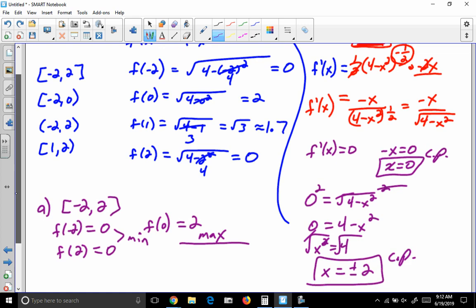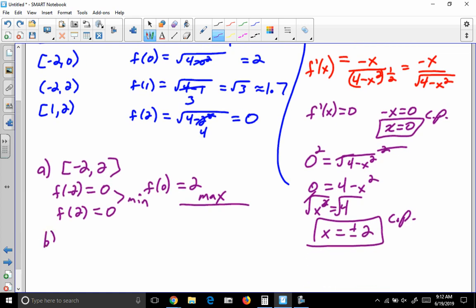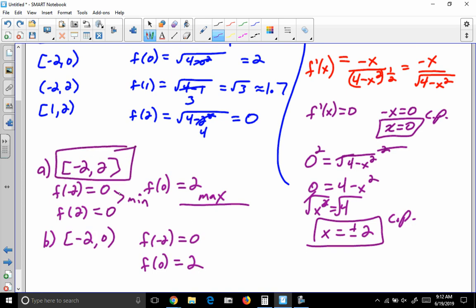All right, so part A is from -2 to 0. At -2, remember, our y value is 0. At 0, our y value was 2. But remember, we don't include that. If we look at the whole interval, we had minimums at -2 and 2.